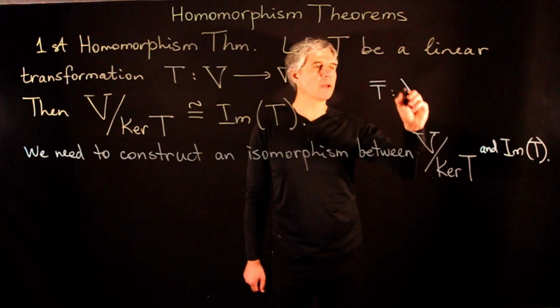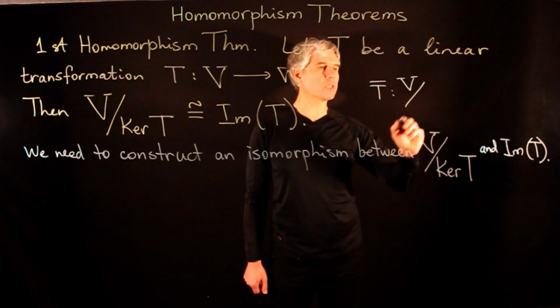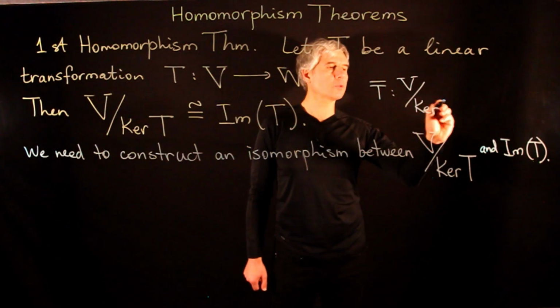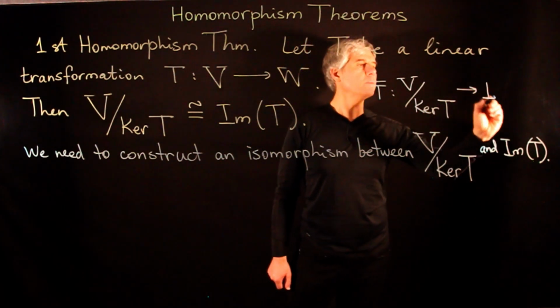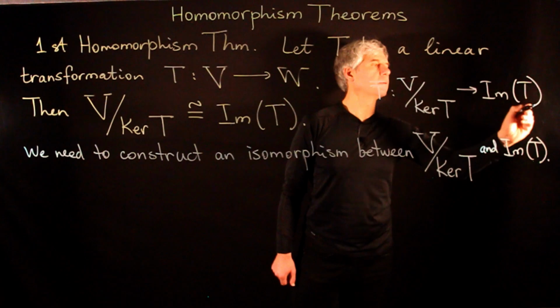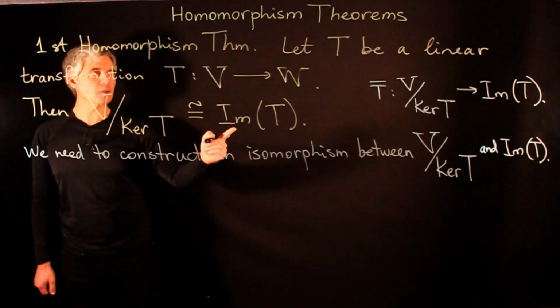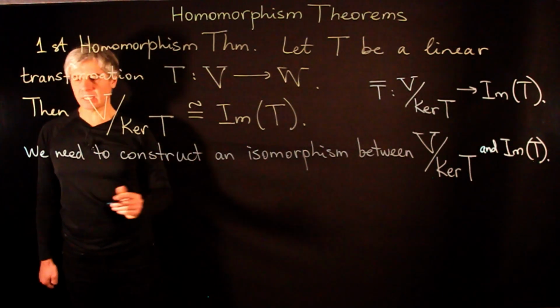So this will be a linear transformation from the space V quotient by kernel of T to the image of T. The elements of the quotient space are equivalence classes.